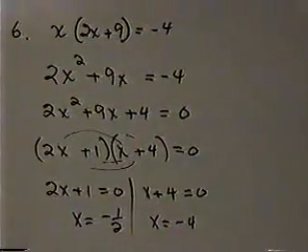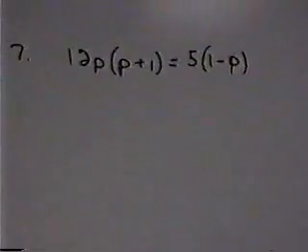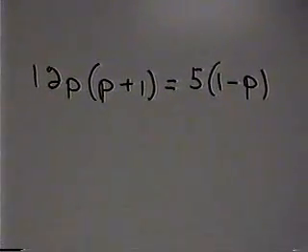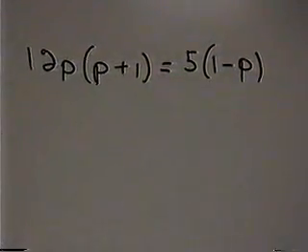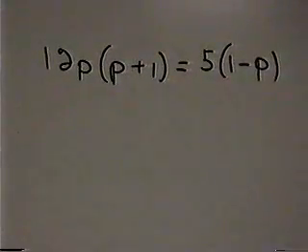All right, let's look at example 7. And here again, it's not equal to 0, so we need to multiply it out.